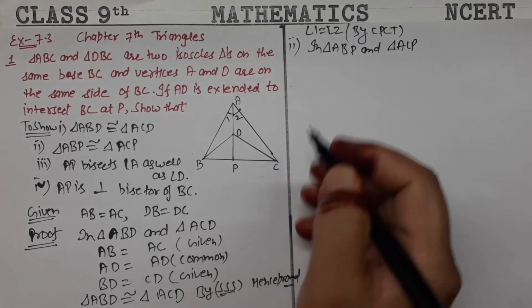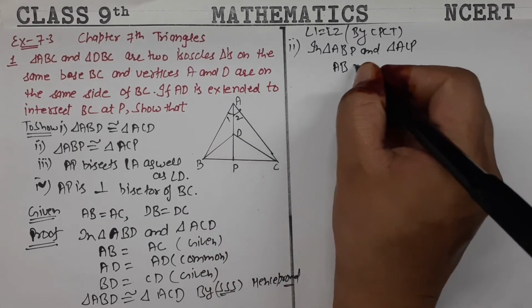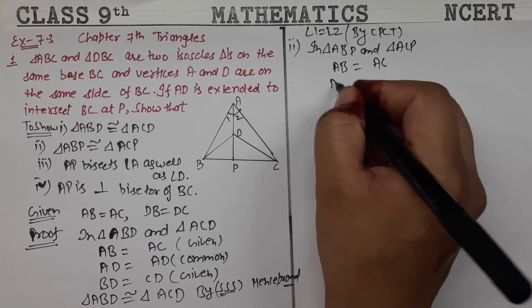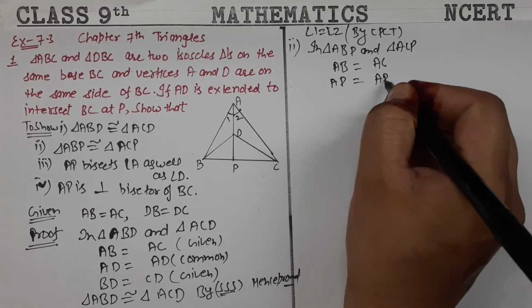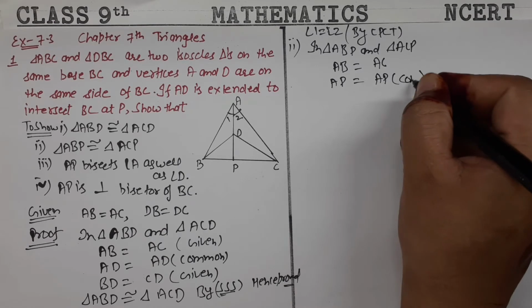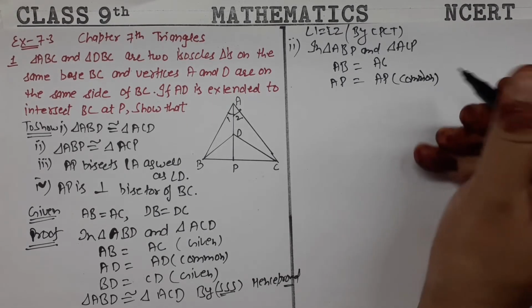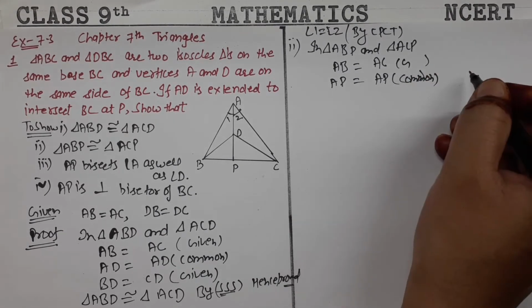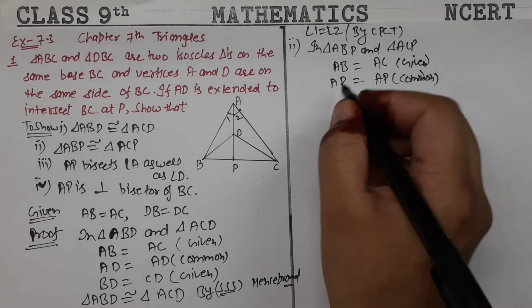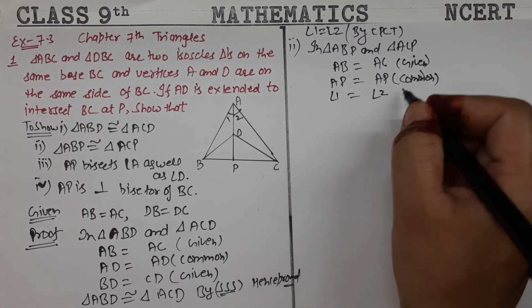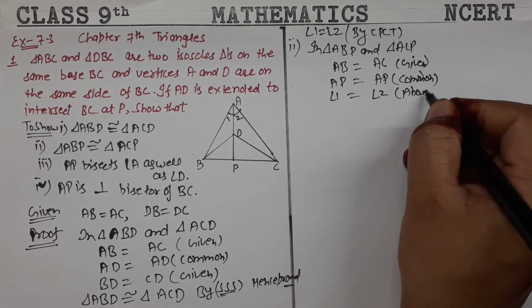AB equals AC, AP common, it's given, and angle 1 equals angle 2, proved above.